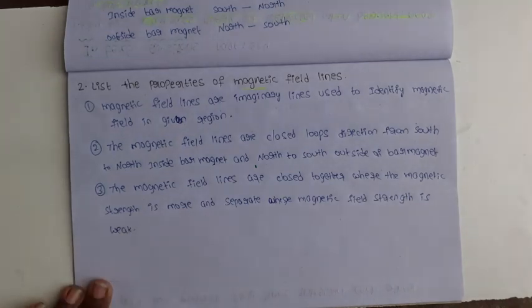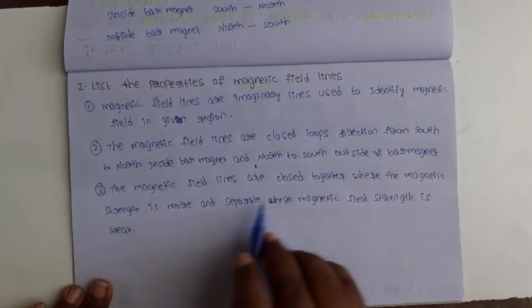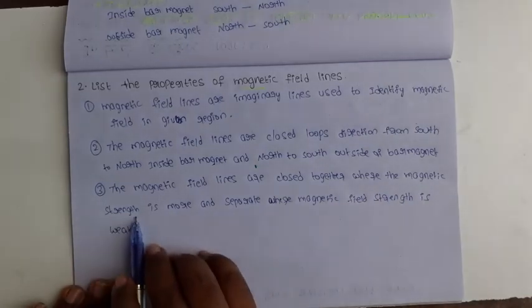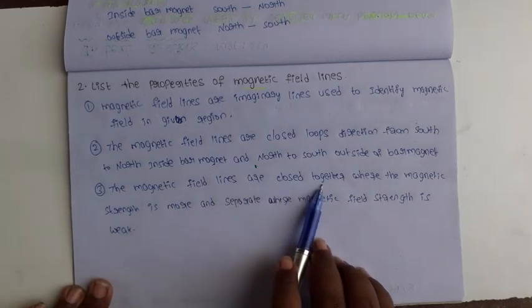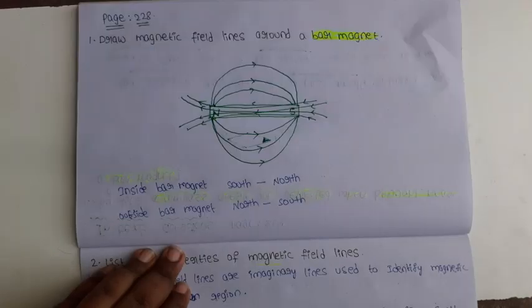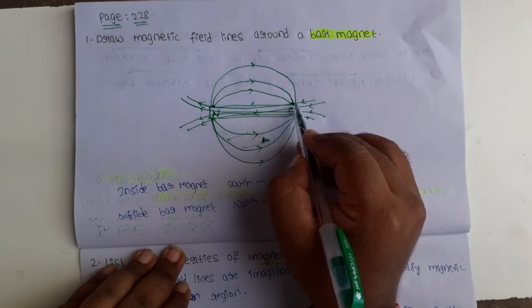What is the next point here? Magnetic field lines are close together where the magnetic field strength is more. Observe here, at this particular point all loops come to one point.